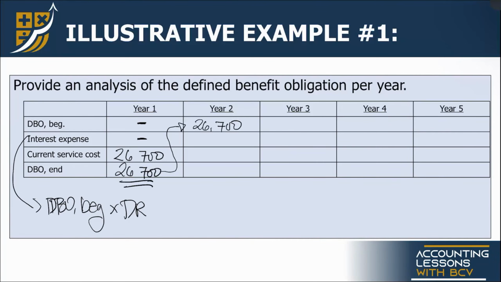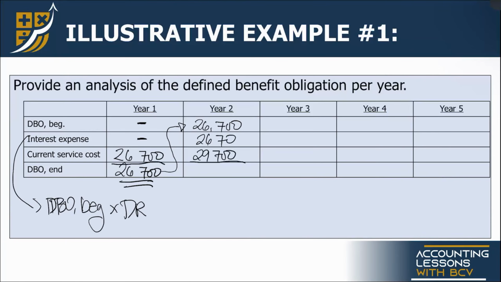That is also what you will use to compute the interest expense. So that will be 26,700 times 0.1. We have interest expense amounting to 2,670. Then, for the current service cost, year 2, 29,700.